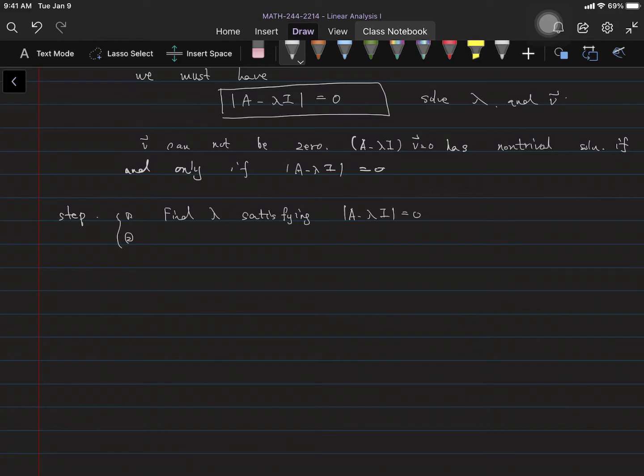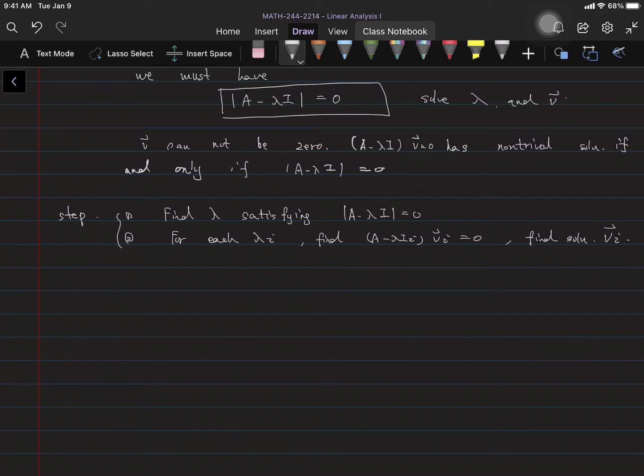Second, for each lambda i, sometimes we may find several lambdas, plug in lambda i and find the solution Vi to this homogeneous equation.